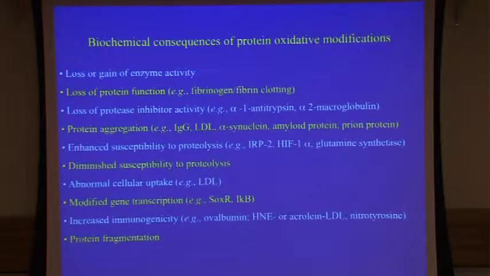And then, if the oxidation is too strong, such as what you see during irradiation, then you can have protein fragmentation. Both during radiotherapy, for example, or a strong exposure to UV light, especially in the southern hemisphere where we don't have a good ozone layer.